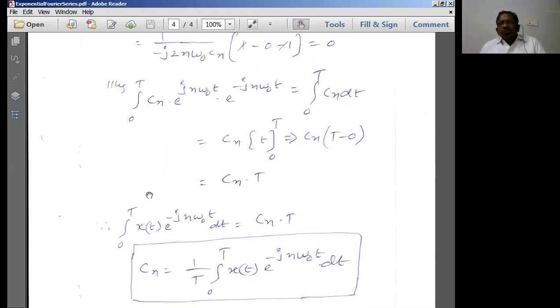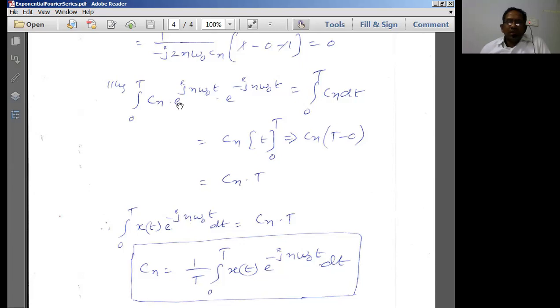So let us go with the last harmonic for the positive coefficient, that is the Cn coefficient. Last harmonic of the positive coefficient. So I can write this as Cn e power j n omega naught t, into e power minus j n omega naught t. So I have something like here e power jx into e power minus jx.